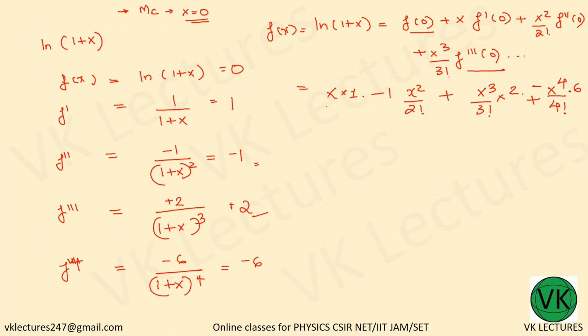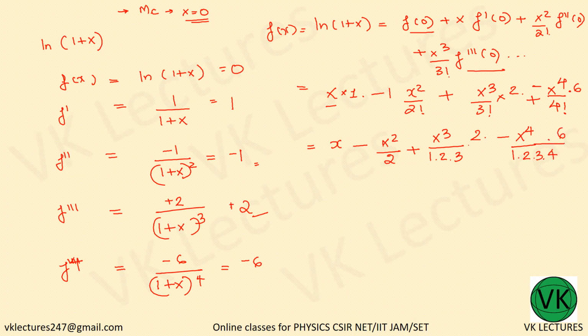So here the first term is plus, second term is minus, third term plus, fourth term minus, and it goes on. Now let me write this as x minus x square by 2 factorial into 1, plus x cube by 3 factorial into 2, minus x to the 4 by 4 factorial into 6.